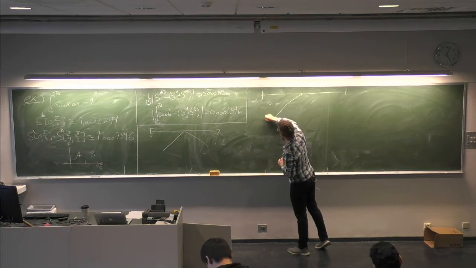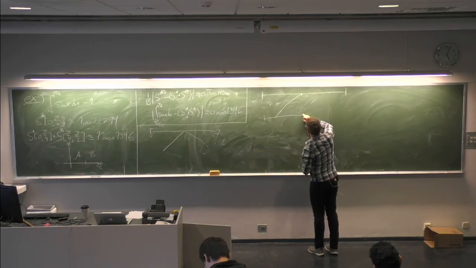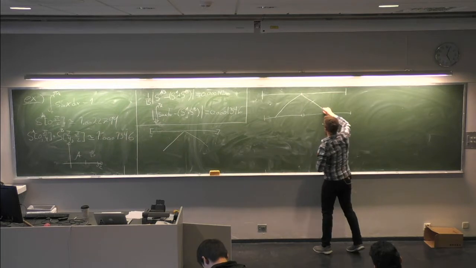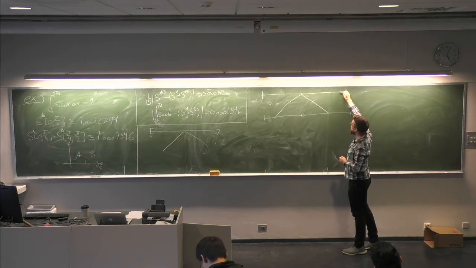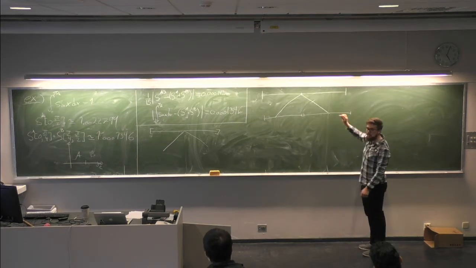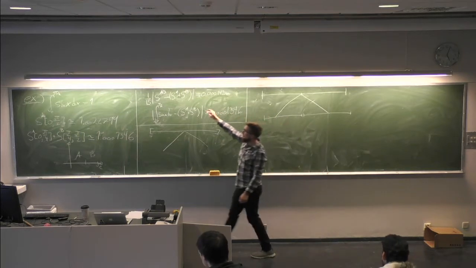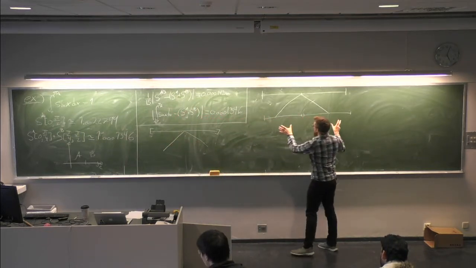You would have this interval here and this interval, and then you can compare the approximation of the integral on this interval and on these two, and then you see if this sum is less than 15 times your tolerance, then you accept this level.